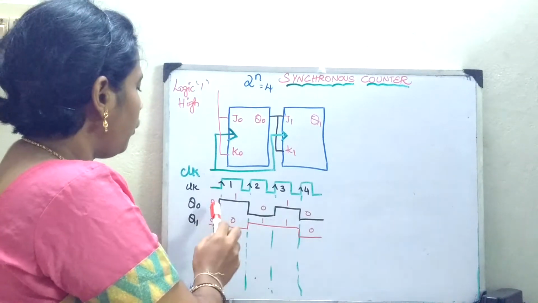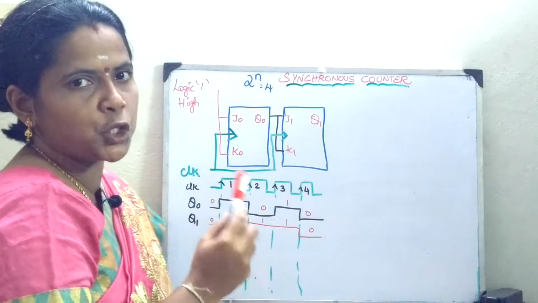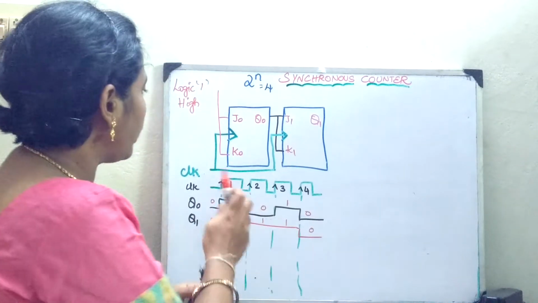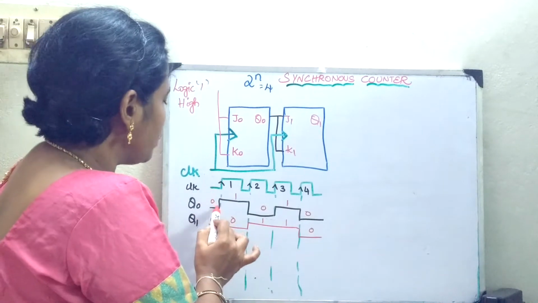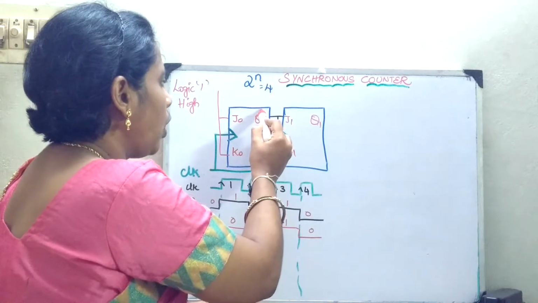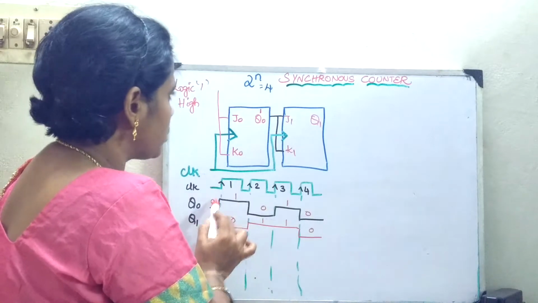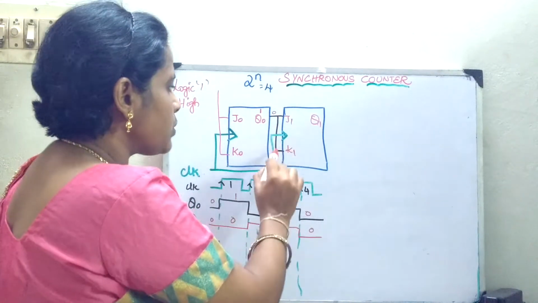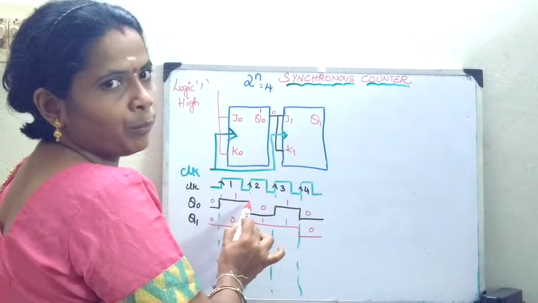Now whenever I apply 1, 1, that is a toggling condition, so 0 will switch to 1. When I give the first clock pulse, this 0 toggles to 1, so Q0 becomes 1, and the data earlier stored in Q0, which was 0, is sent out.